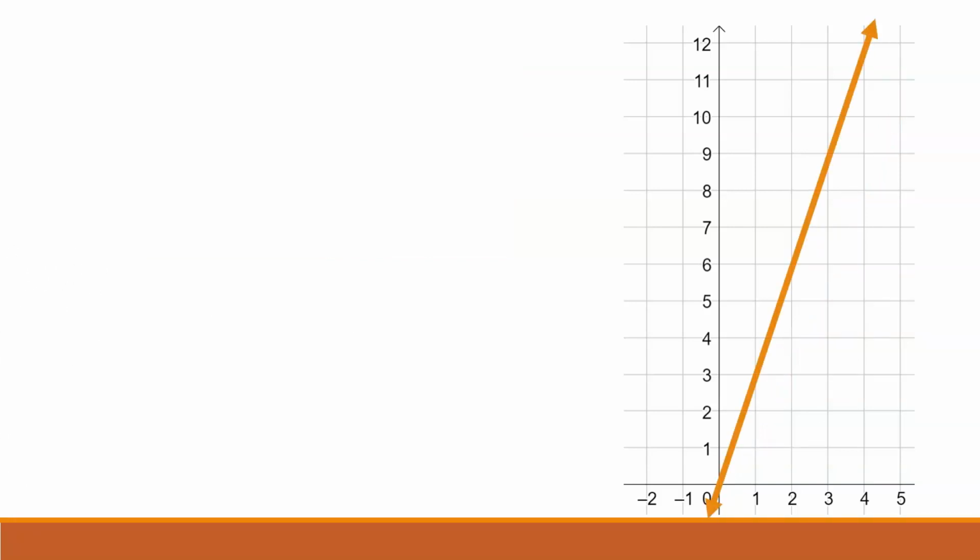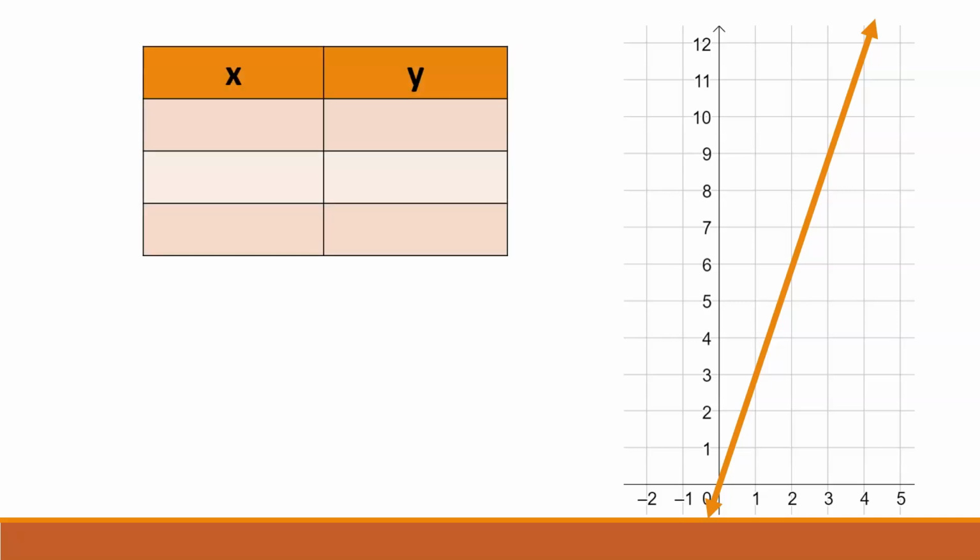Let's start with a graph and then look for points that are easy to identify. So maybe 1, 3, 2, 6, 3, 9. Okay, so the x coordinates do follow a nice pattern. That can be useful. And the y coordinates that go along with those points are 3, 6, and 9. Okay, so far so good.